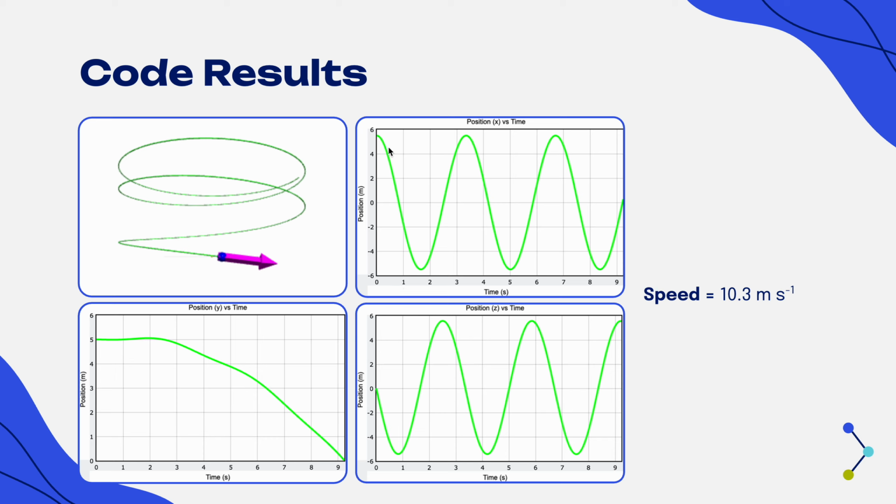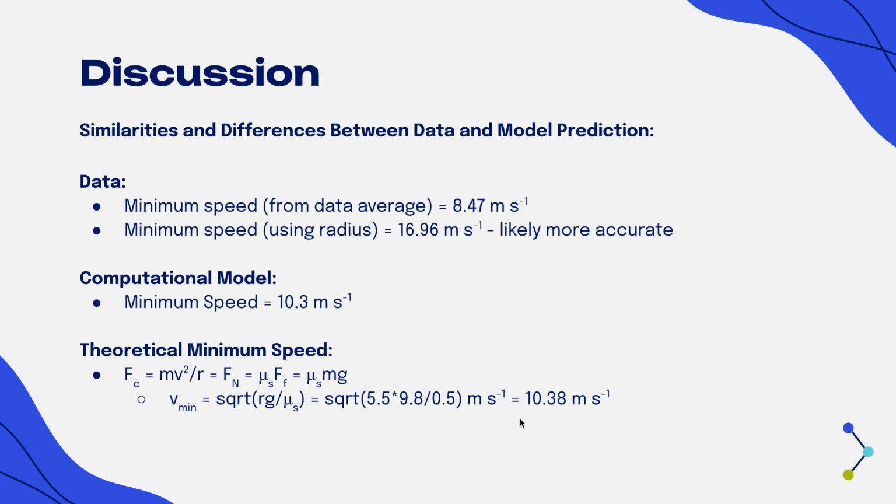As you can see, the x position oscillates, and so does the z position, like a sinusoidal graph, but the y position dips over time. The minimum speed that we'll be using for the data is actually the higher number, which is probably more accurate. For the computational model, it was this.